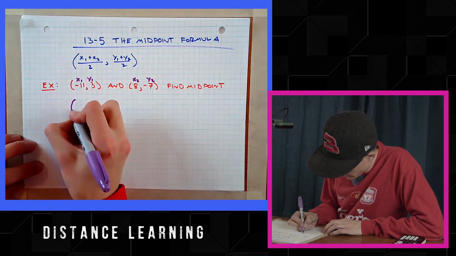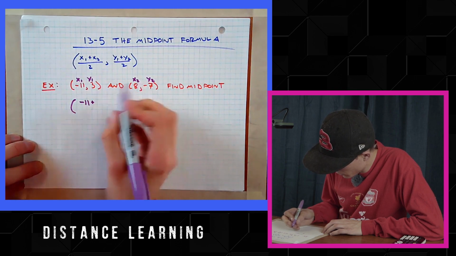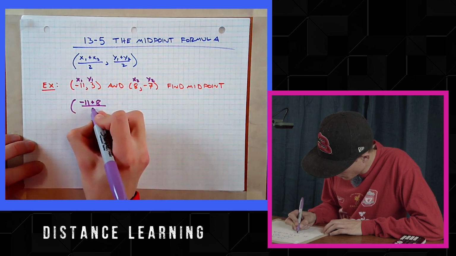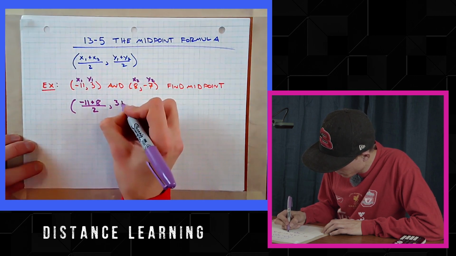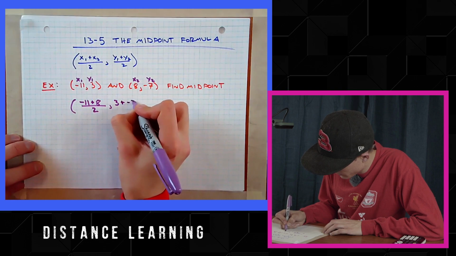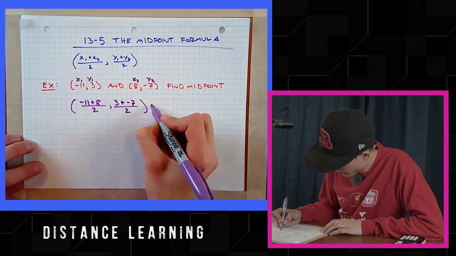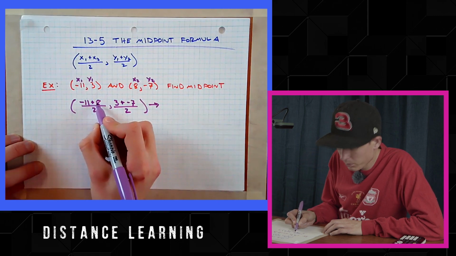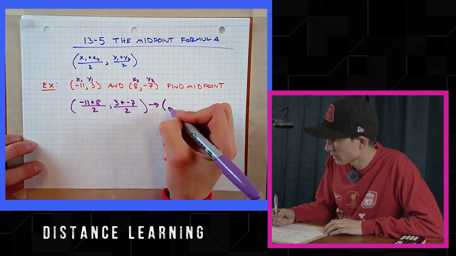So the formula, x1, -11, plus x2, 8, over 2, comma, y1, 3, plus y2, -7, over 2. -11 plus 8 is... That's not very nice. They're going to give us fractions?